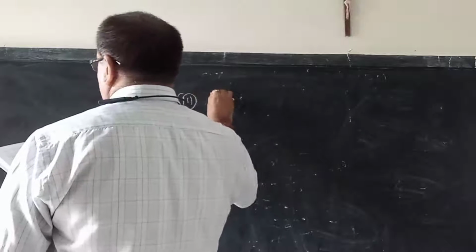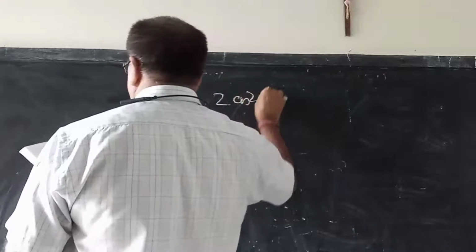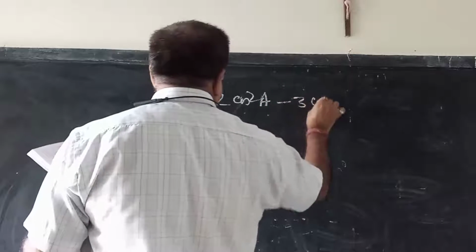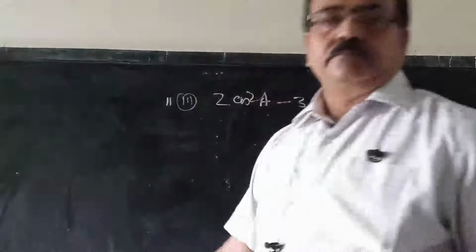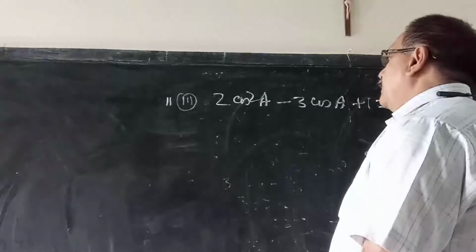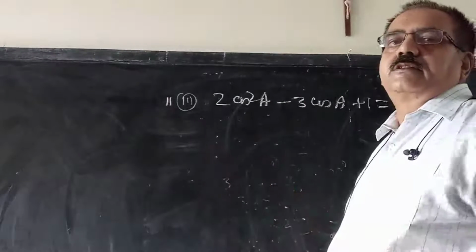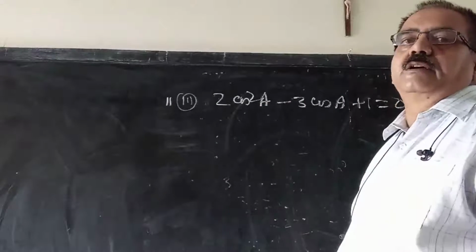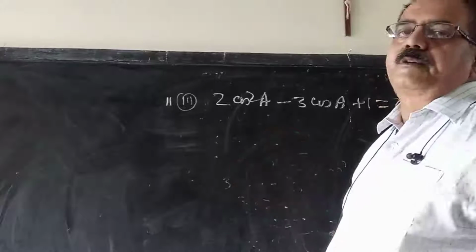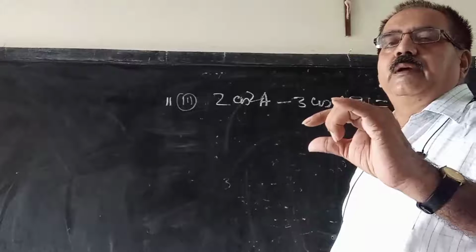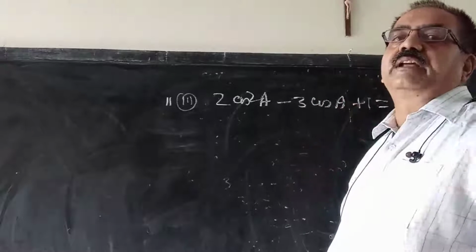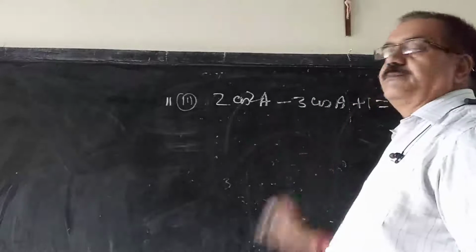Third, 2cos²a − 3cos a + 1 = 0. Whenever there are 3 terms, we have to split the middle term. Whenever there is an even number of terms, 4, 6, 8, we arrange the terms and take the common factor. Here 3 terms are there.